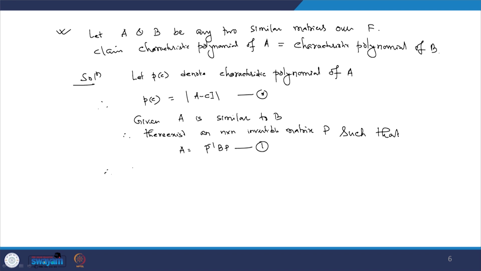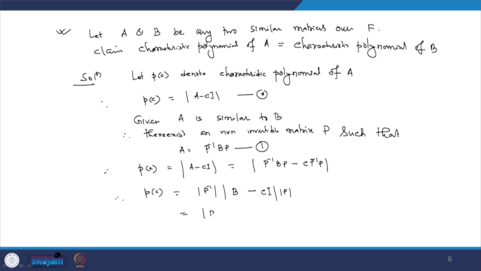So, one can write P(C), which is the determinant of A minus C I, as the determinant of P inverse B P minus C into I. One can write I equal to P inverse P. So, using the determinant properties, since P inverse is common on this side, I can say that the determinant of P inverse into B minus C into I into the determinant of P. And we know the determinant of P inverse cancels out the determinant of P. So, this is equal to the determinant of B minus C I.